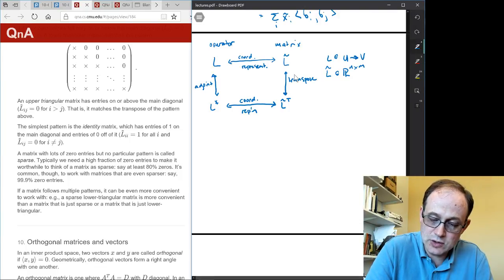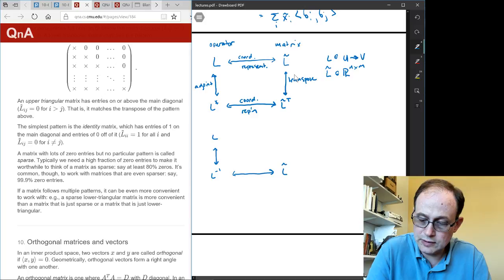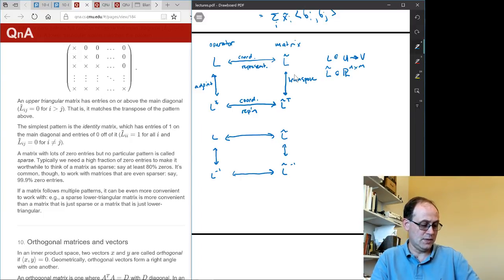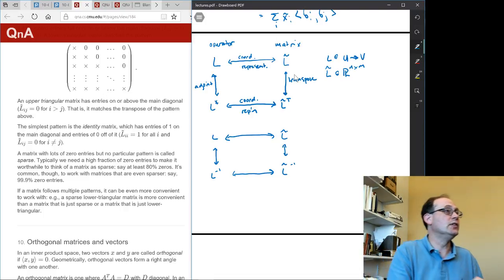So you can do L to L inverse to L tilde inverse to L tilde, right? And you can go around that same diagram in any order. Right? So hopefully that is helpful.